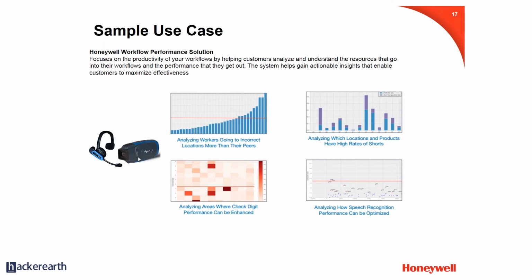These headsets give voice instructions so they know what to do next in the workflow, and the worker can respond by talking into a microphone which understands what the worker says. The system is trained for each worker, for the accent or the way the worker pronounces certain things, so there's a vocabulary.